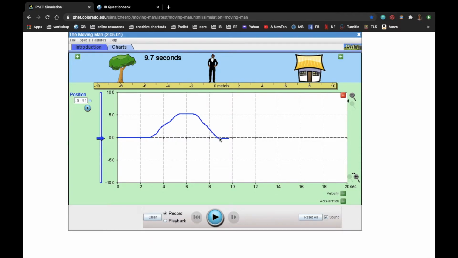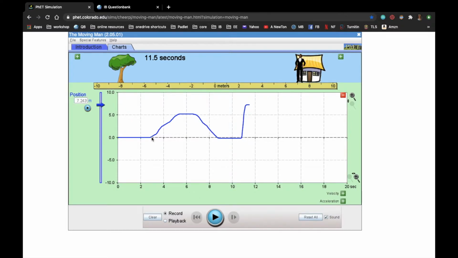So from this position, let's move him forward again, but this time much faster, and see what the graph looks like. So I moved him from 0 to 7 meters very quickly, and observe what happens to how steep the graph is. I moved him very fast, so the change happened in a very small amount of time.